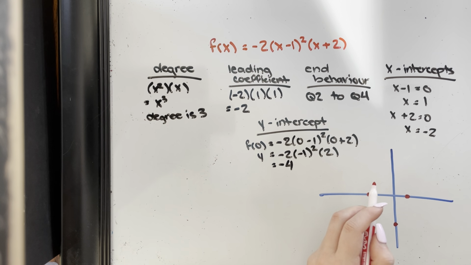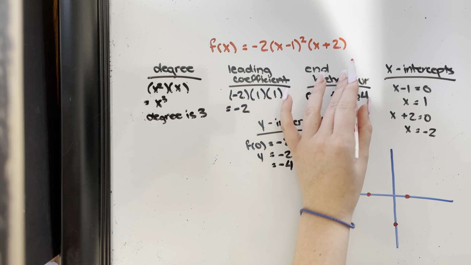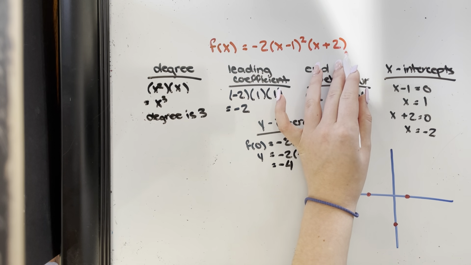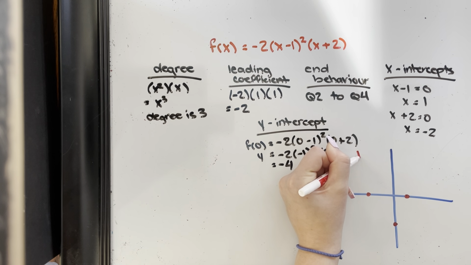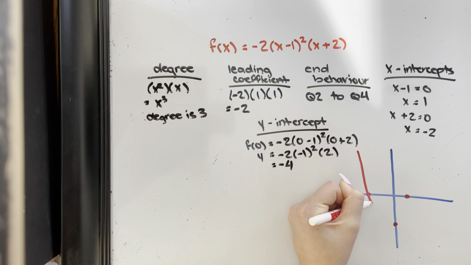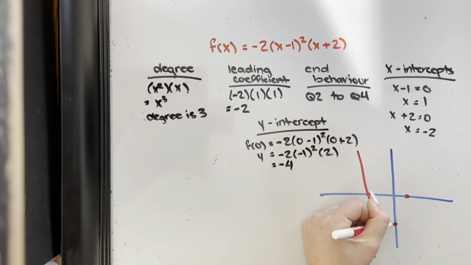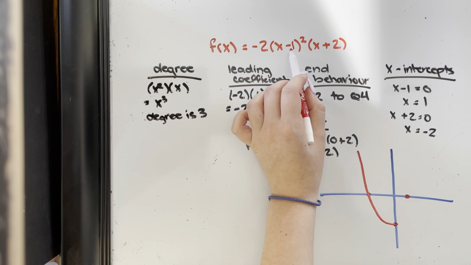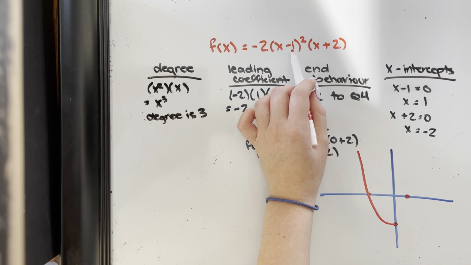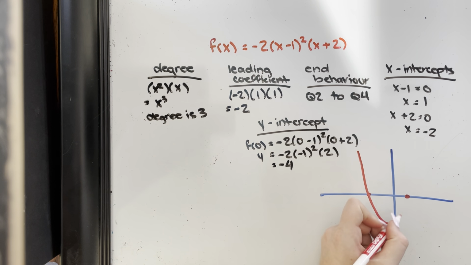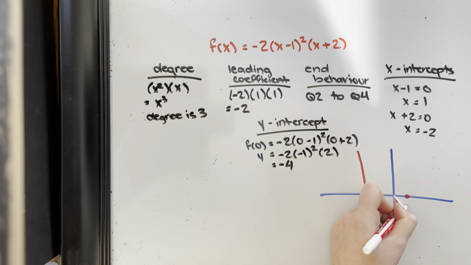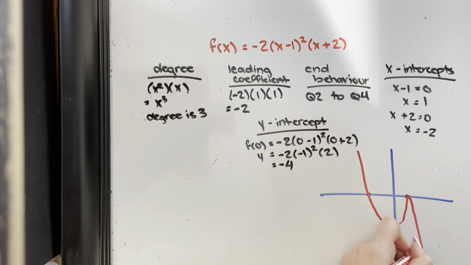So now we're going to look at our orders. So the first x-intercept is -2, and that has an order of 1. So that's going to go straight through the x-axis, and it's going to go through the y-intercept, and then before we reach the next x-intercept, it has an order of 2, so it's going to bounce off the x-axis and come back down. So that's basically what the graph of this function will look like.